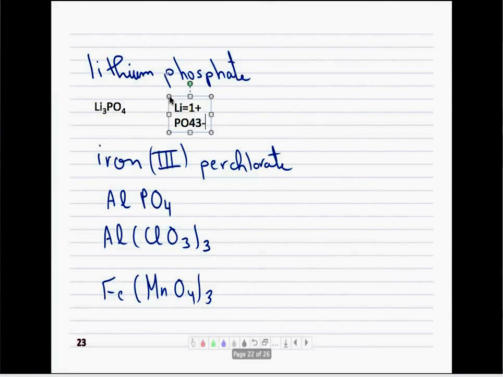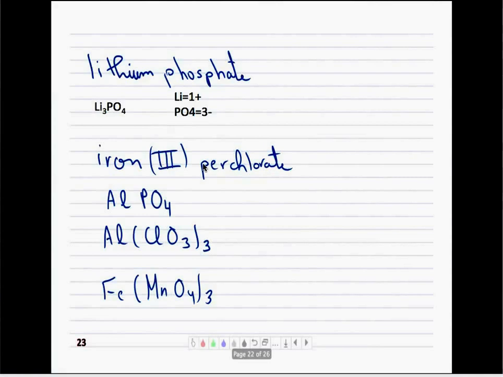So I need 3 lithiums to balance this charge, or in an easier way, you can take this 3 here and this 1 into here, and you end up with Li3PO4. Usually we don't put brackets around the polyanion unless we have 2, 3, 4 or 5 as the index. But if it is 1, we just keep it without any brackets.